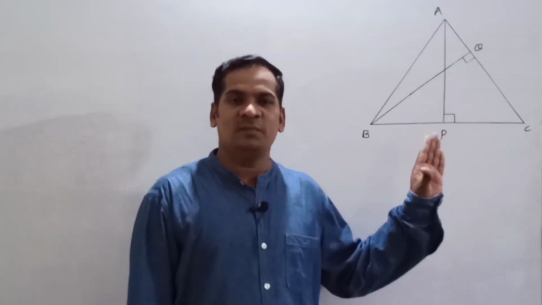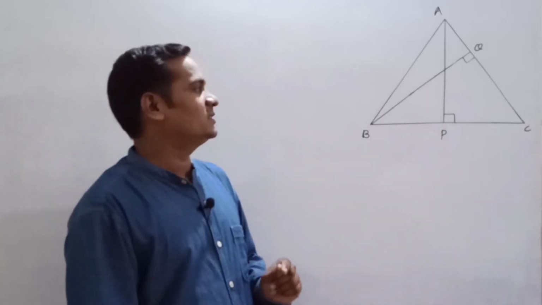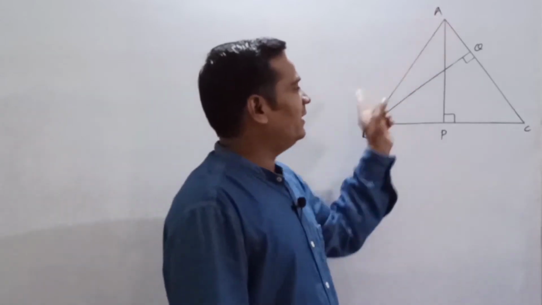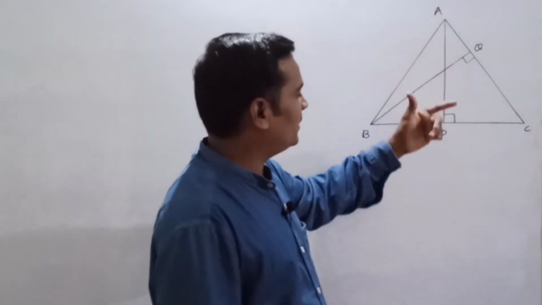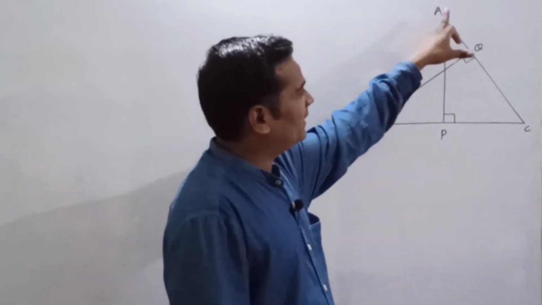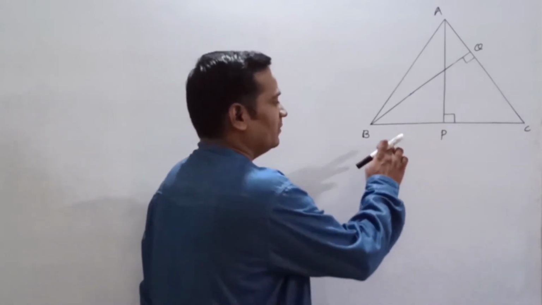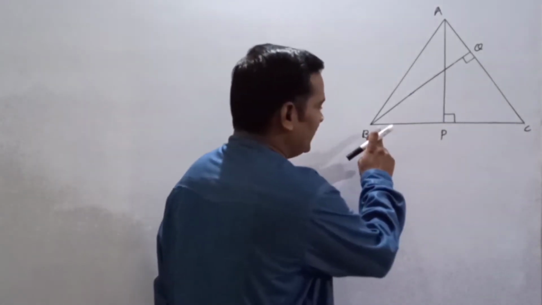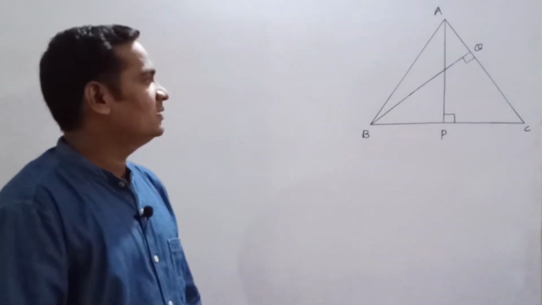So this is question number 4 from the practice set number 1.3, in which in a triangle ABC, segment AP is perpendicular to segment BC, and segment BQ is perpendicular to segment AC, such that points B, P and C are collinear.